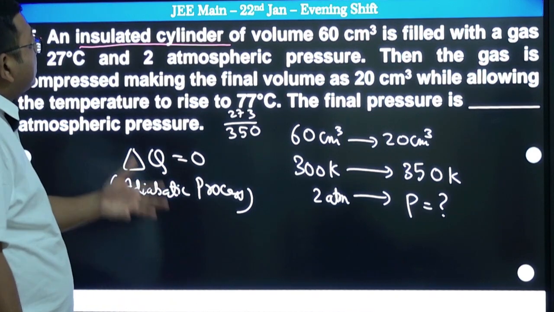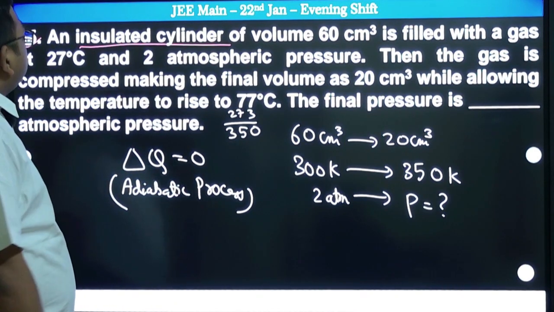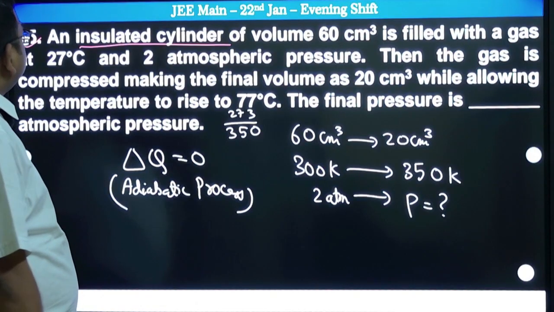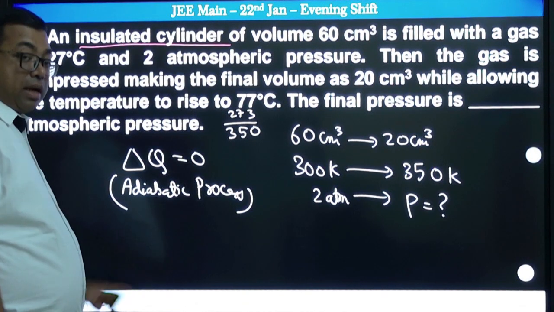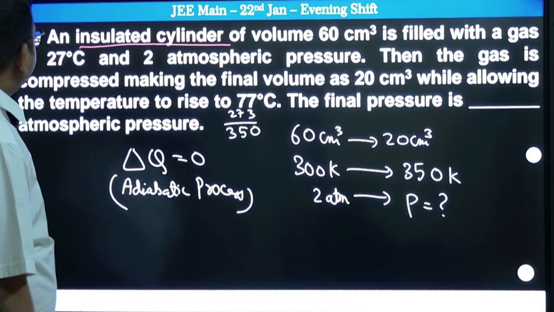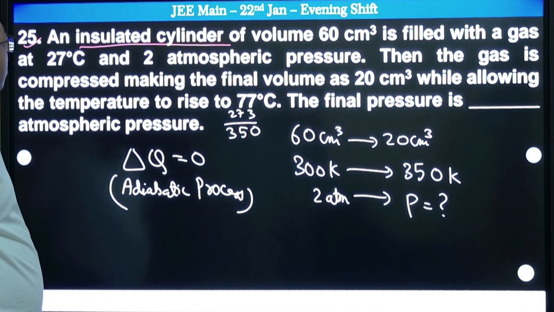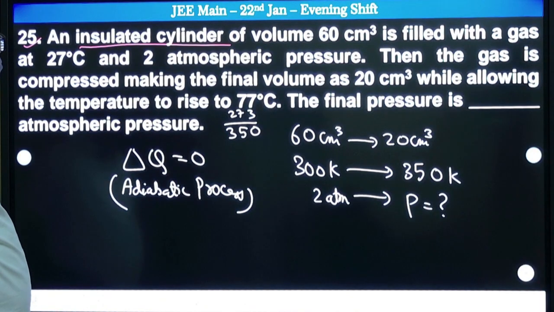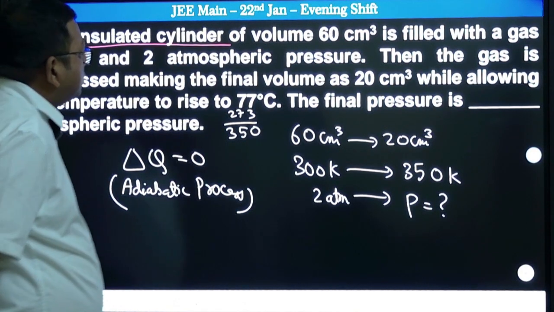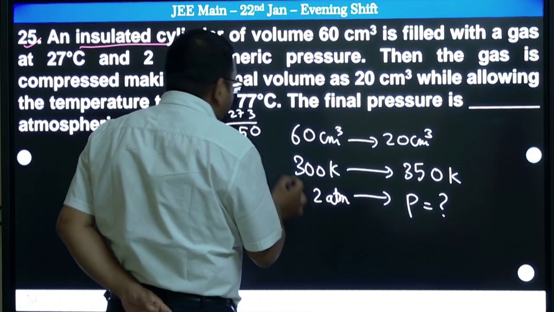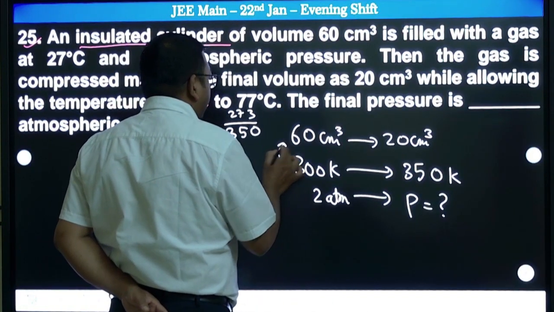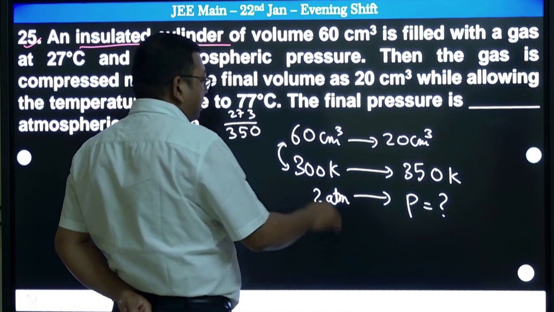What type of gas is it? Gamma will be a factor used, correct? So from here, these two equations we should use to calculate gamma, and then we can use gamma.